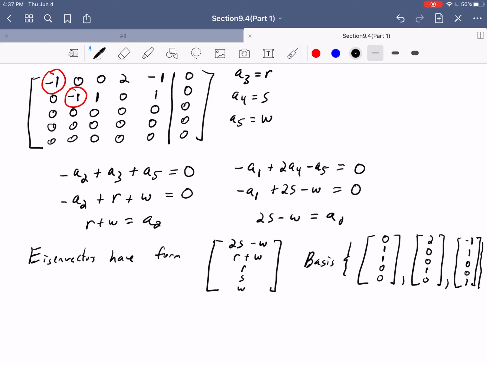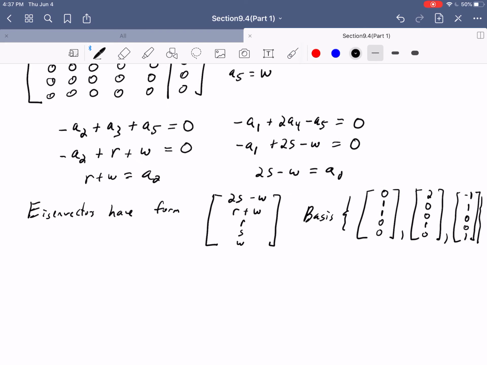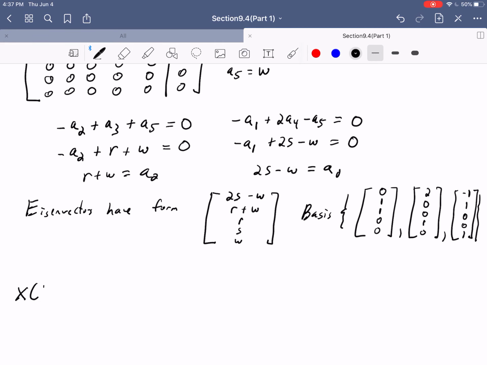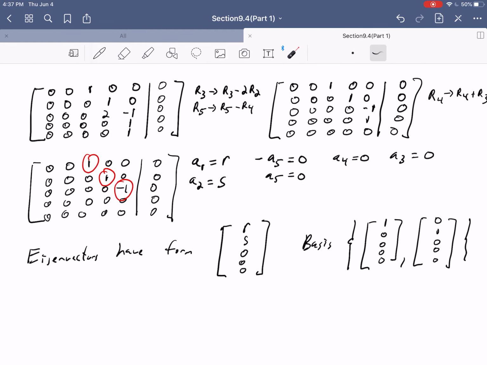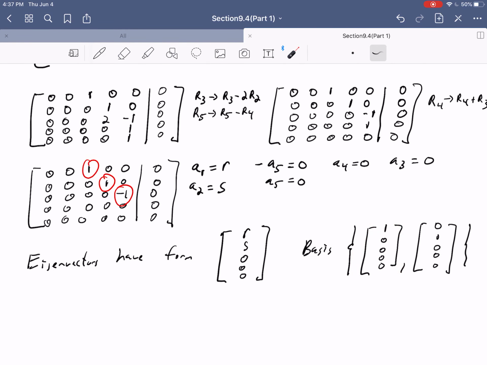So there we go. Then we can put all this together and give ourselves our general solution. X of t is going to be C1 e, first eigenvalue that we got was 3, first representative eigenvector was 1, 0, 0, 0, 0.